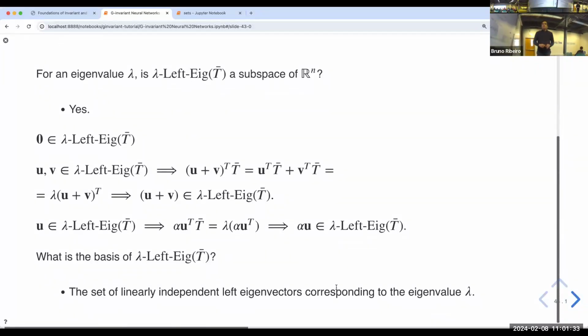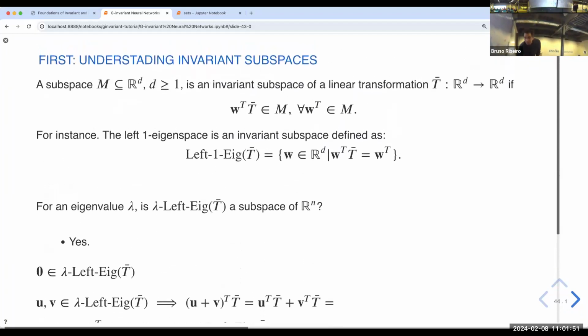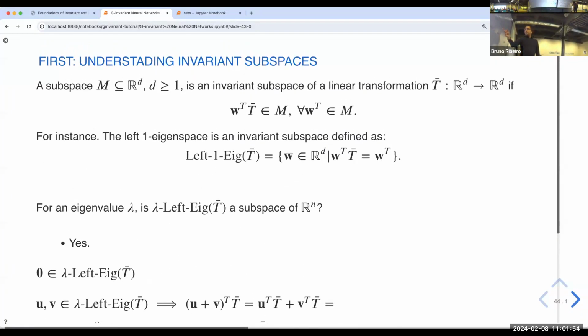So for an eigenvalue lambda, the lambda left eigenspace of T bar is a subspace of R^n. Yes, right, because it has the zero element, since this property is guaranteed if this is all zeros. If this vector is 0, then this is true, right?